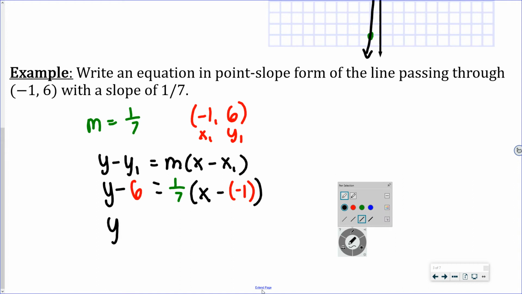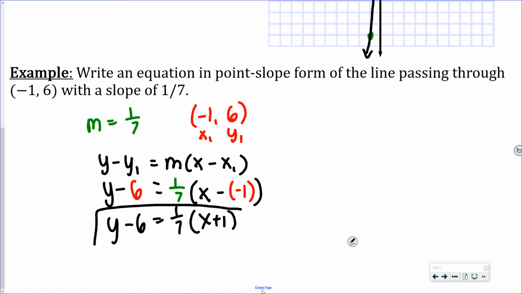So the only thing I'd maybe do to clean this up is change that minus and negative to a plus. And there is technically that equation in point-slope form. Which feels kind of weird because we're used to putting things in slope-intercept form, and we'll get there. But pay attention to what form they want you to leave it in. Okay? Any questions on level 2? Ready for level 3?